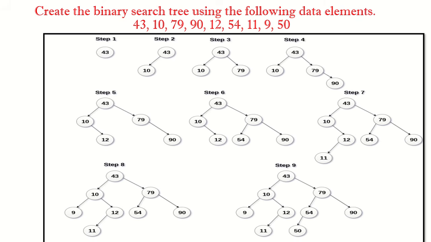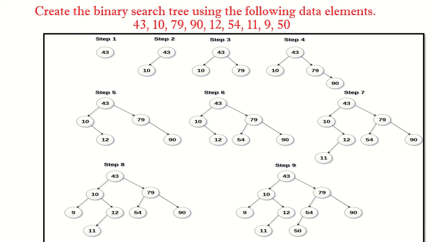Create the binary search tree using the following data elements. Around 9 elements are given. We start creating the binary search tree one by one by making one insertion at a time. Every time we insert, we need to ensure that the binary search tree property holds good.